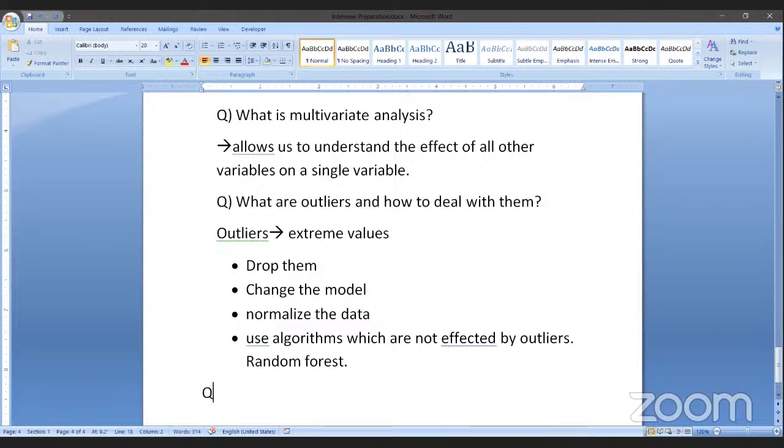Okay, so let's go to the next one. What is covariance? Yeah, also Winsorization. I forgot.